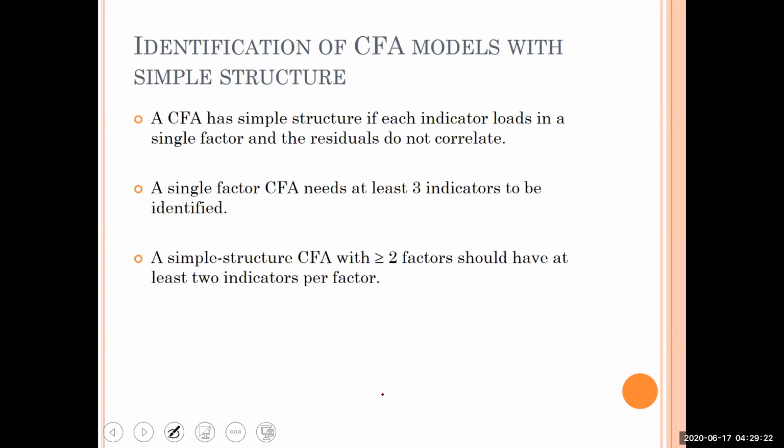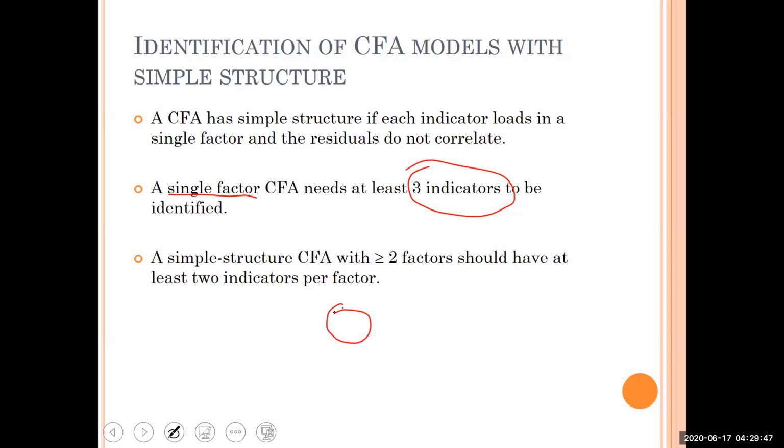Now, what's the minimum requirement to have at least 0 degrees of freedom in CFA? Well, if you have only one factor, you need at least 3 indicators. That will give you a degrees of freedom of 0, but you can estimate the model. However, if you have 2 or more factors, you need at least 2 indicators per factor.